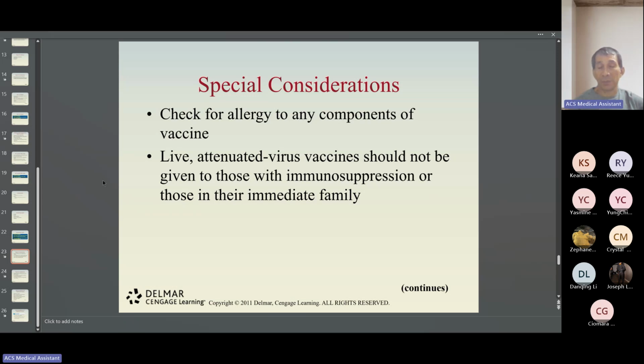What is the vaccine made of? What are the ingredients, so to speak? Meaning the components. If you are allergic to any of those components, medication should not be given. So there are certain medications that, depending on the condition that you may have, should not be given to the patient. So that's basically what it is.